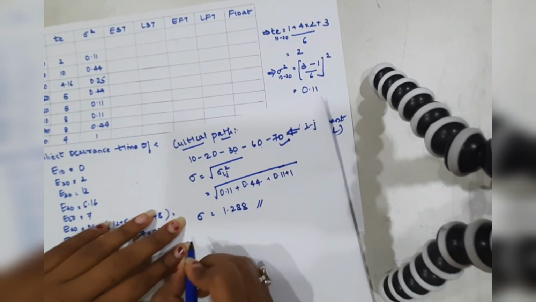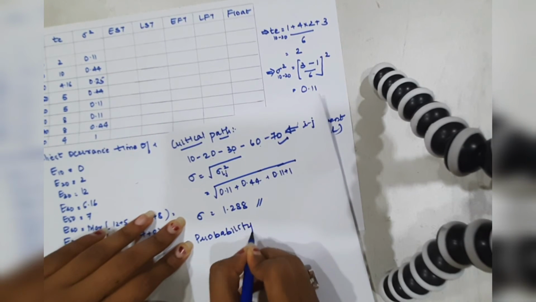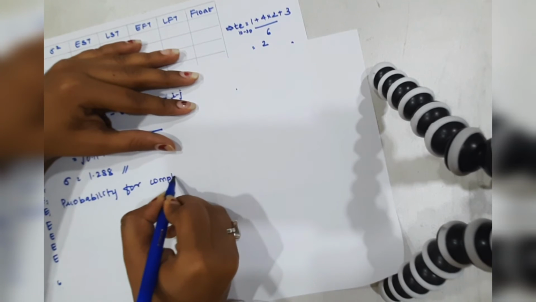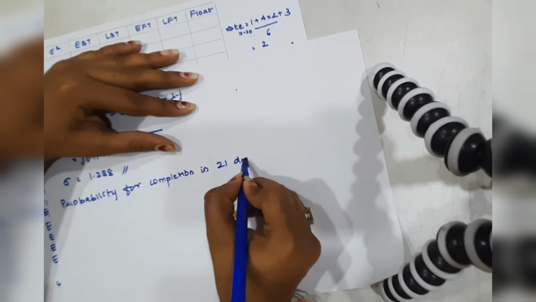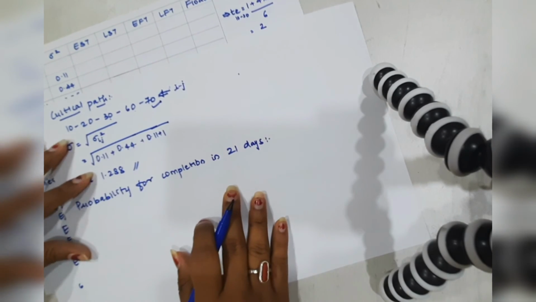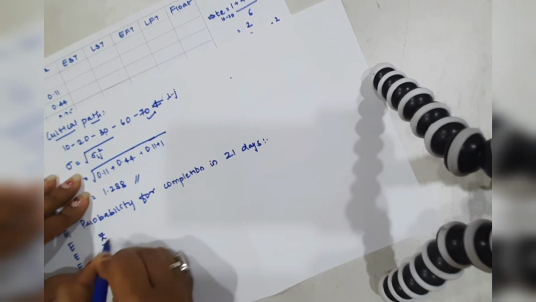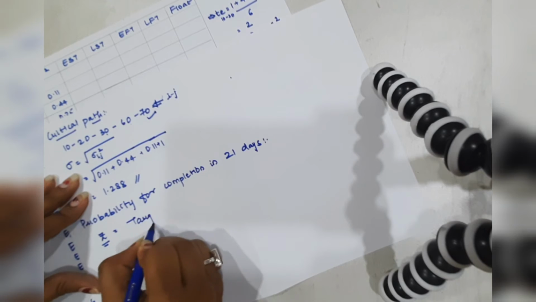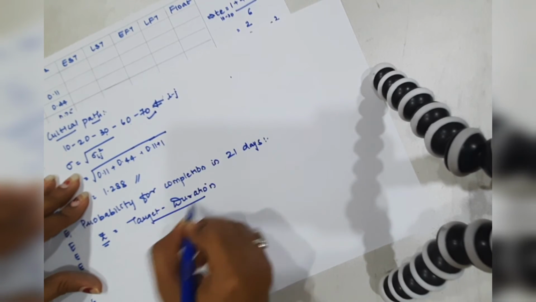So now let's go on to the first probability, for completion in 21 days. In that case we are going to calculate the value which is known as z. The z value is nothing but target value minus duration upon the standard deviation.